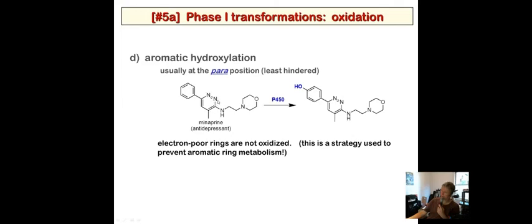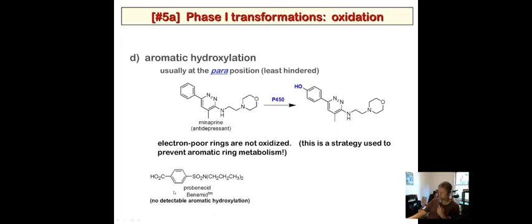You can see it from here. Lone pair, kick in, make a double bond. This double bond goes there. This double bond goes there. And now we've added electron density. So this is called an electron rich benzene. But if you have an electron poor benzene, maybe with an electron withdrawing group, then that might prevent metabolism.